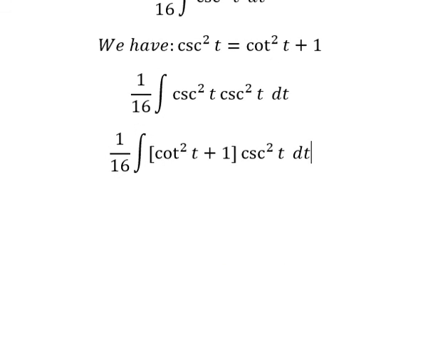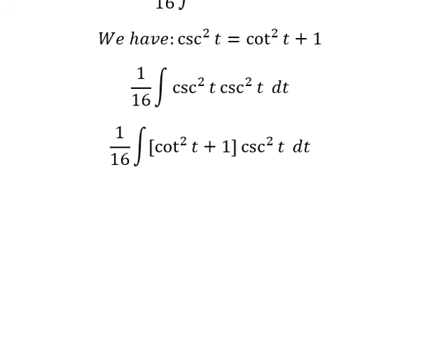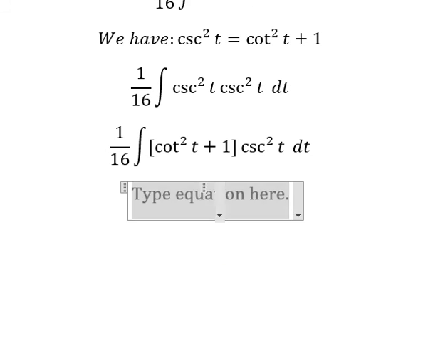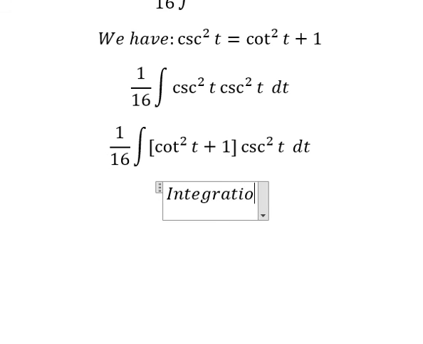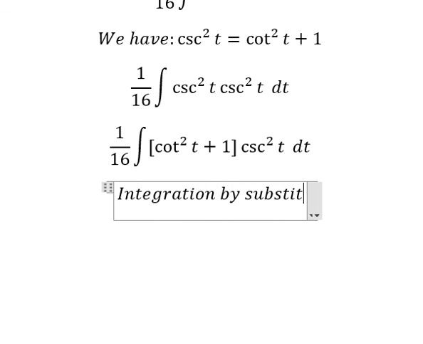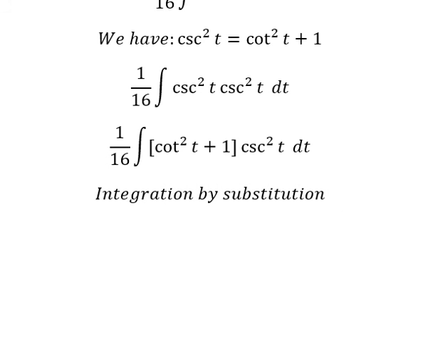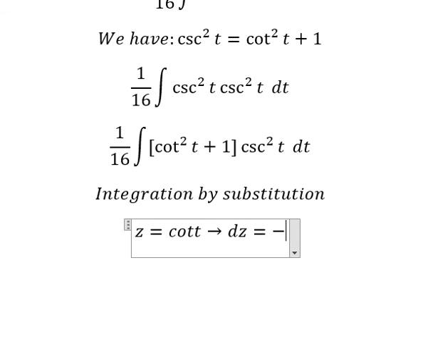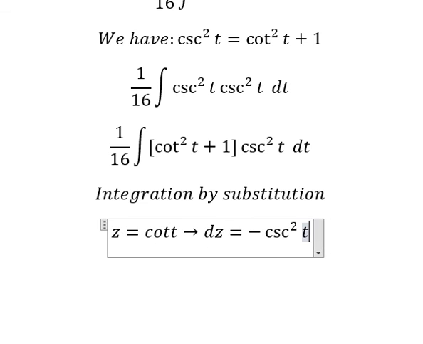Next, we can use integration by substitution. So I will put z equals cosine t. After that we first take the derivative of both sides, and we have negative cosecant of t square dt.